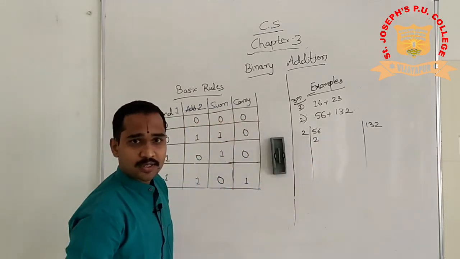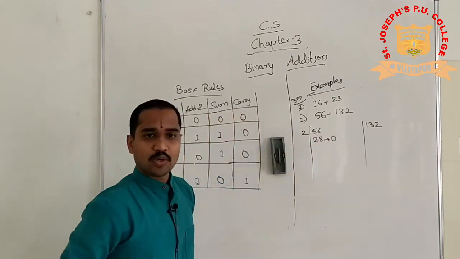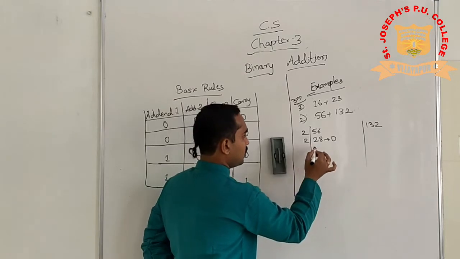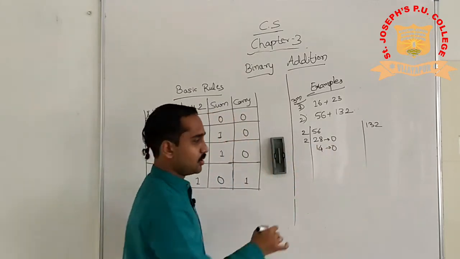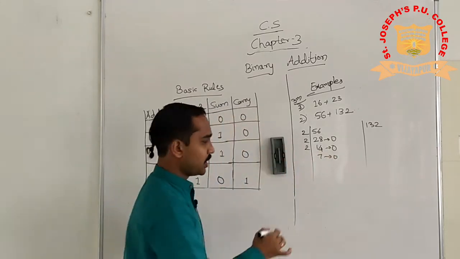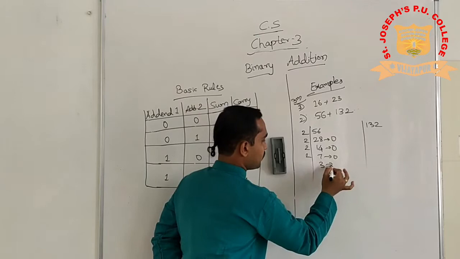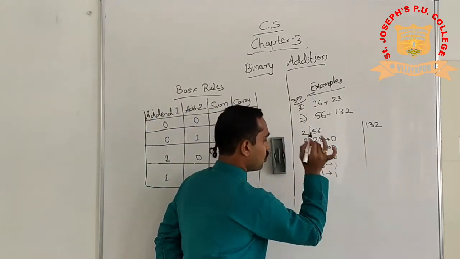Yes, 56. 28 2s are 56, isn't it? So 0 is the remainder. Then 14, 0 is the remainder. Then 2 7s are 14, 0 is the remainder. 2 3s are 6, 1 is the remainder. 2 1s are 2, 1 is the remainder.